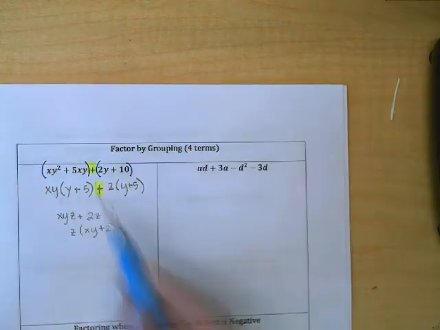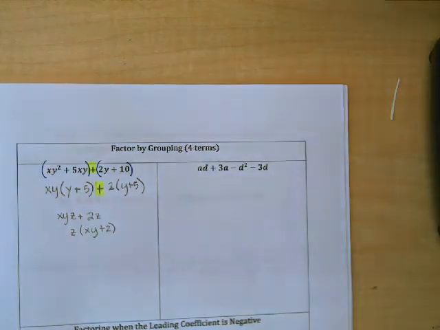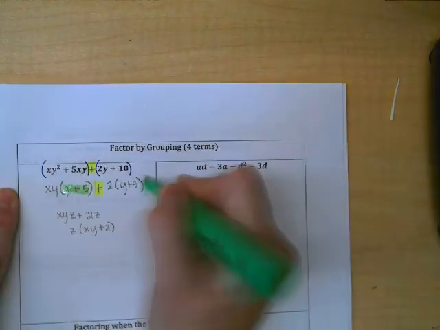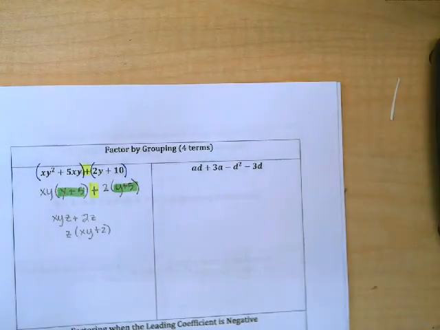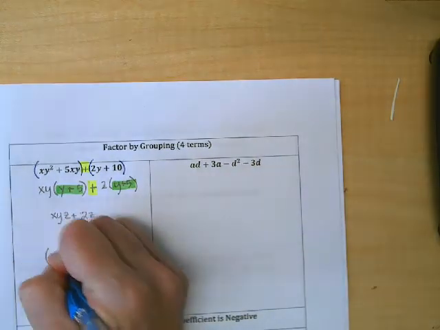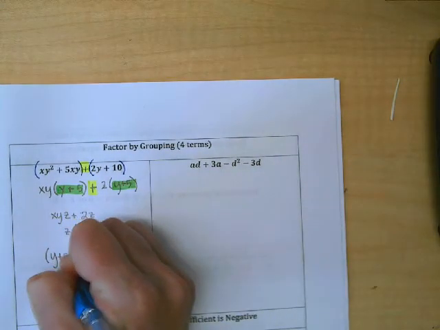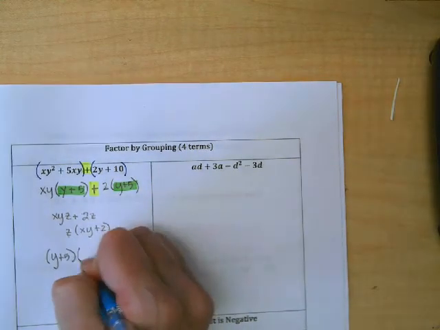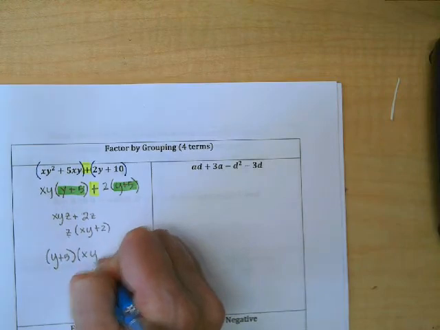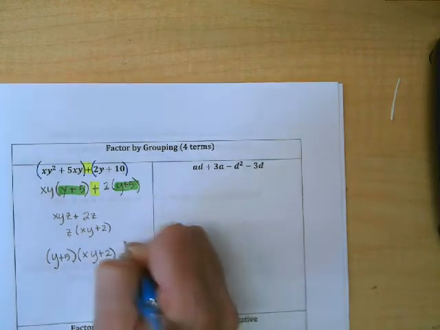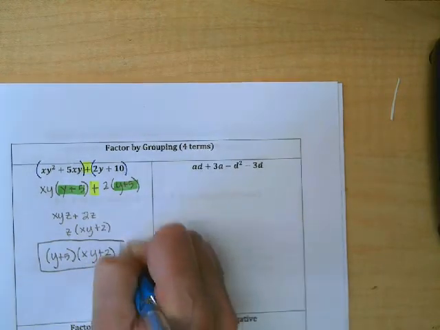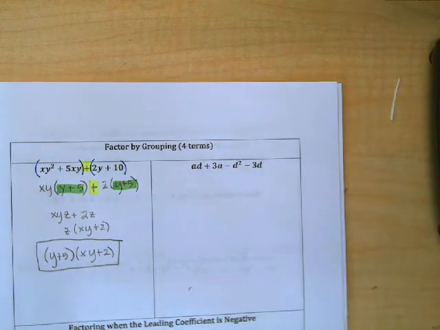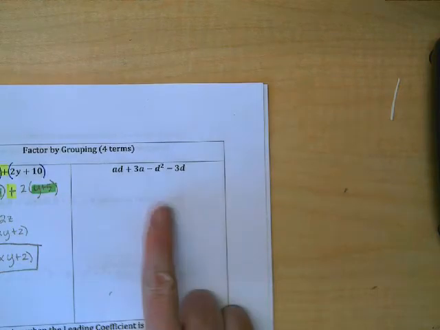They both have a y plus 5 in common. So I'm going to take that y plus 5 and factor it out, just like I factored out that z. And then I'm left with xy plus 2. And it's factored.